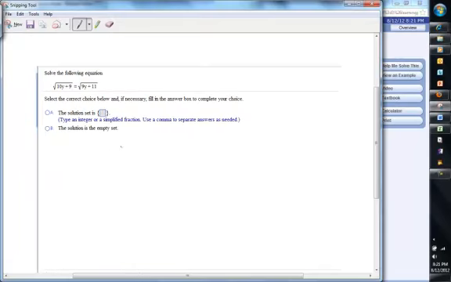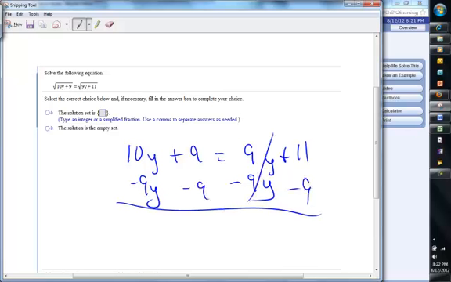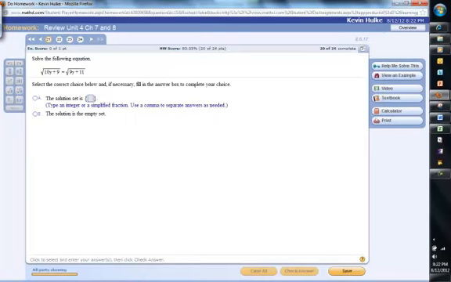Okay, square both sides, so you have 10y plus 9 equals 9y plus 11. Subtract 9y from each side, and subtract 9 from each side, and you have y equals 2, which is possible, so our solution set is 2.